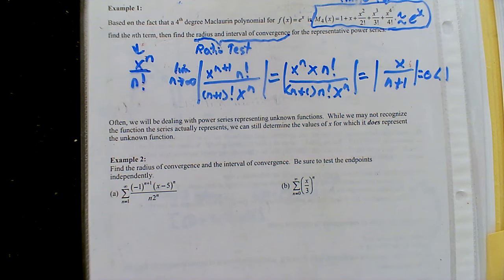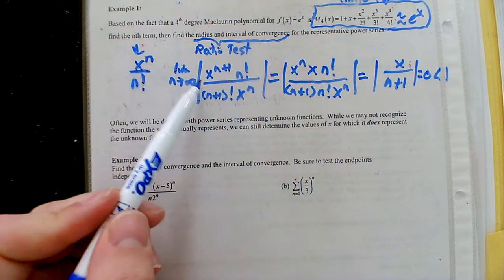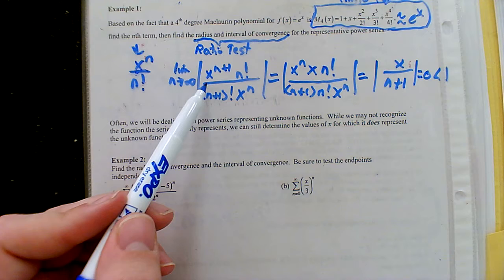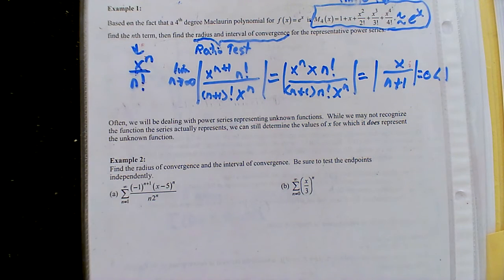Okay, we know it converges where? It would converge everywhere. We found that it is less than 1, so we know the entire infinite series that we're dealing with, by the ratio test, converges everywhere.